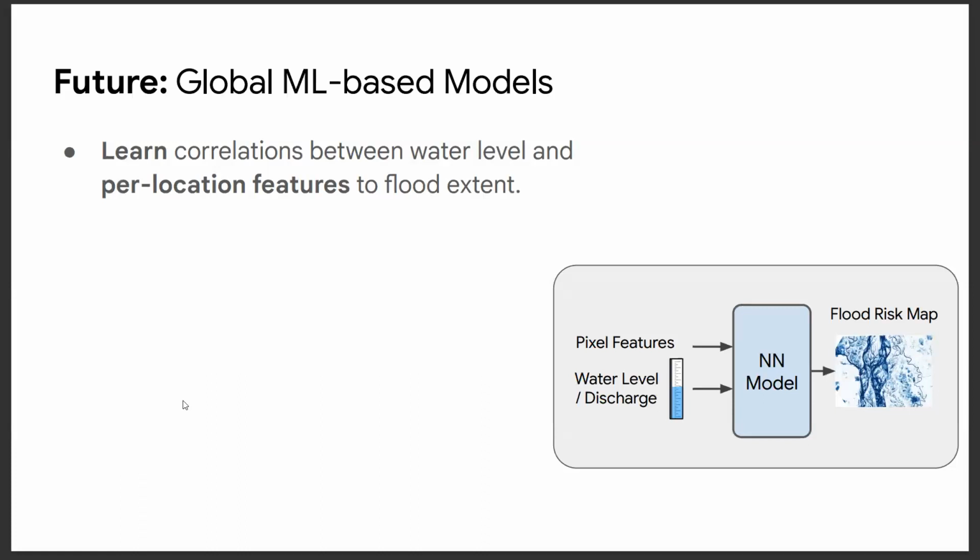And today, what we are working on is the next iteration, which is a really global model, where the weights are not per pixel, but are shared across all the pixels in the world. And for that, we use per pixel features, like the statistics of flooding in that location, like water occurrence and stuff like that.